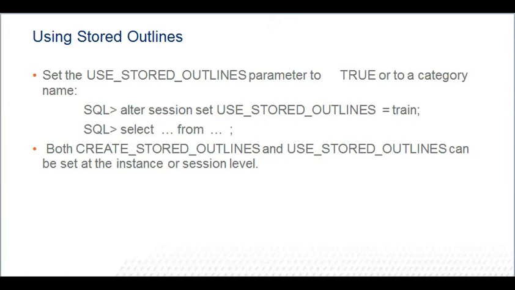If an outline specifies the use of an object that can't be used, for example, it references an index that no longer exists, the statement will simply not use the hint. To verify that a stored outline is being used, the explain plan for statements needs to be compared when running with and without use_stored_outlines set.